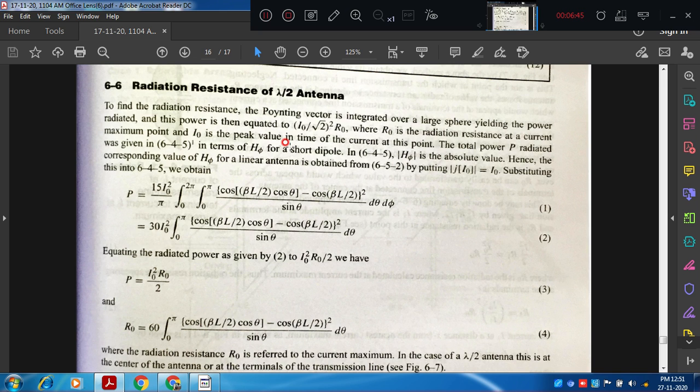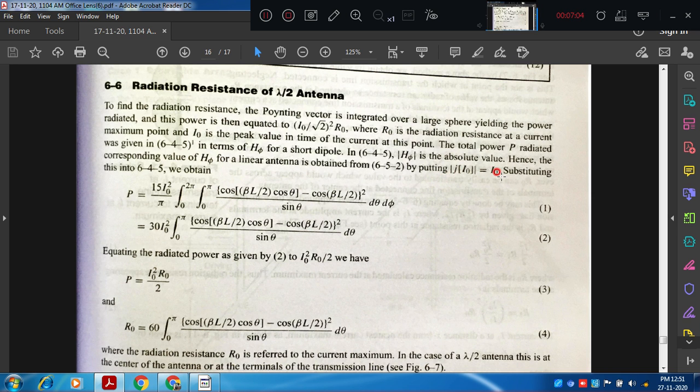The total power radiated equation can be given in terms of H phi for a short dipole, where H phi is the absolute value. Hence the corresponding value of H phi for a linear antenna is obtained by substituting the magnitude of I naught.